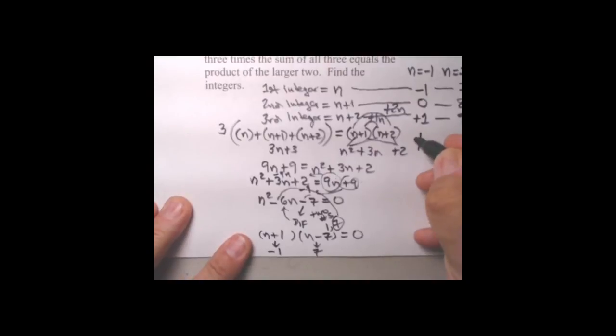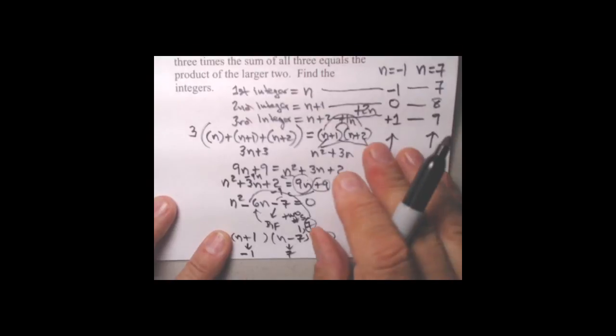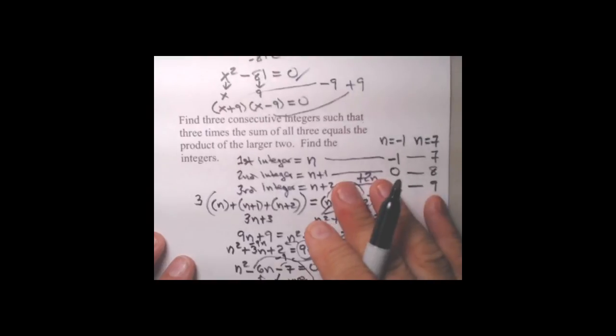So once again, here we go. I've got two sets of answers that will solve this. Here they are: -1, 0, and +1. Also 7, 8, and 9 will do the job. Okay, well, this has demonstrated a number of word problems, a lot of them dealing with integers or page numbers or things like that.